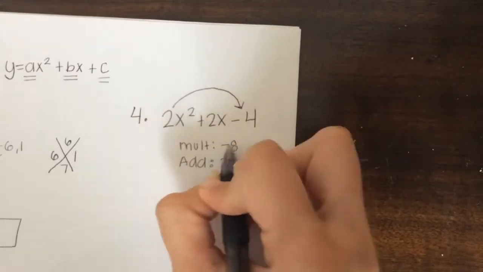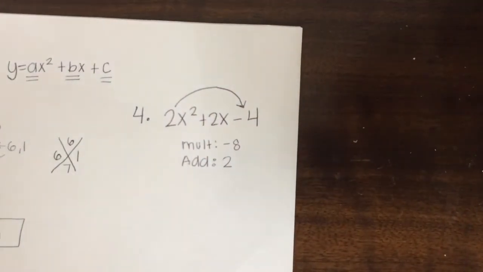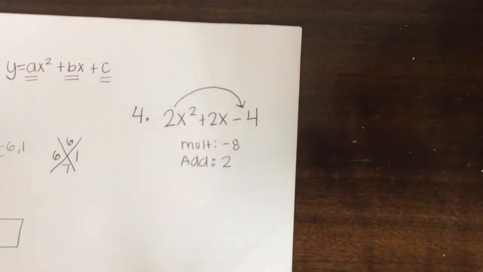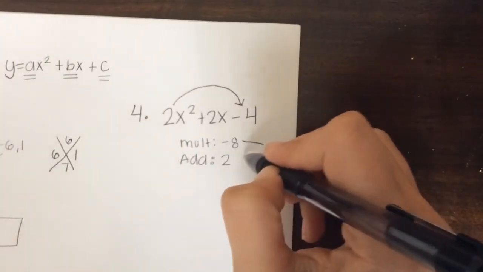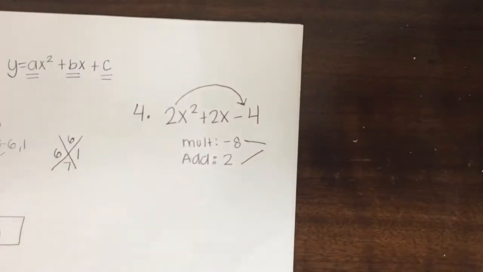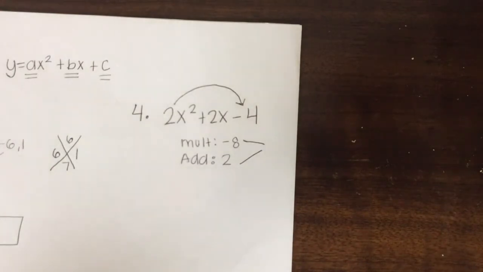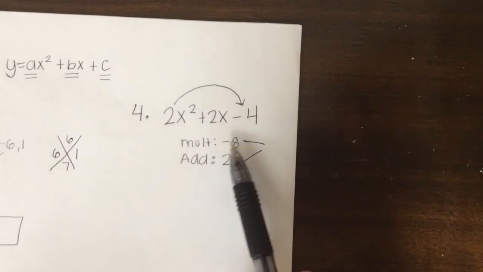Now when we think about this, things that multiply to give you a negative number, that means one has to be positive and one number has to be negative. So when I think about things that multiply to give me 8, I think of 4 and 2. Now, one needs to be positive and one needs to be negative to multiply to give me a negative 8.